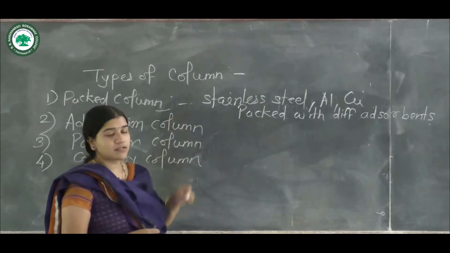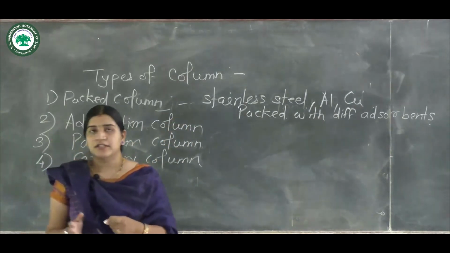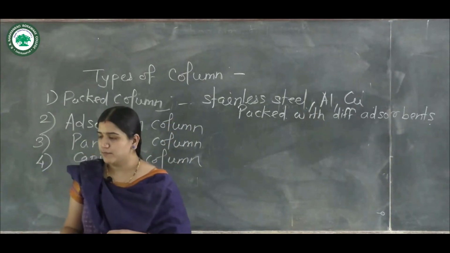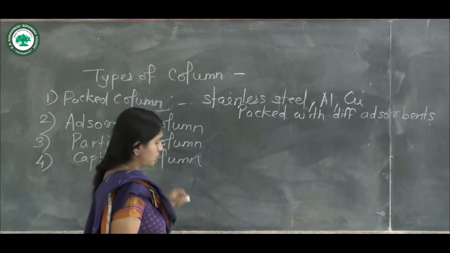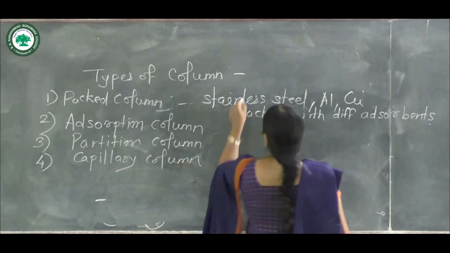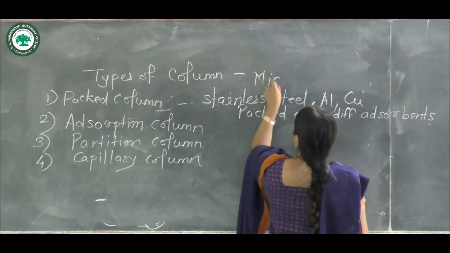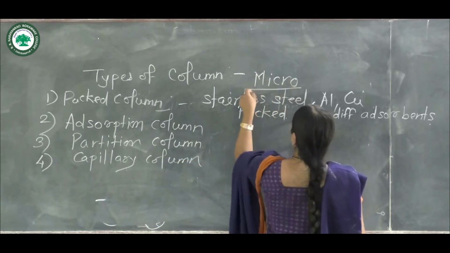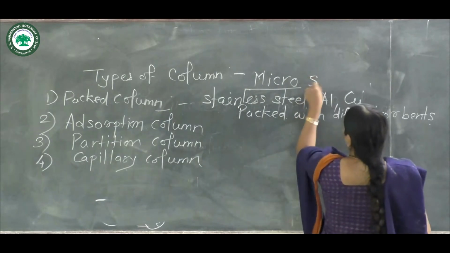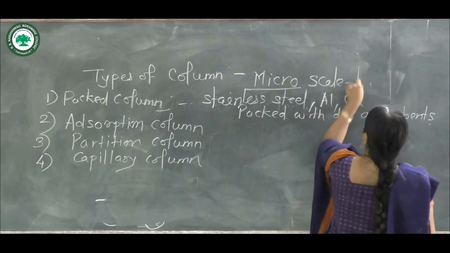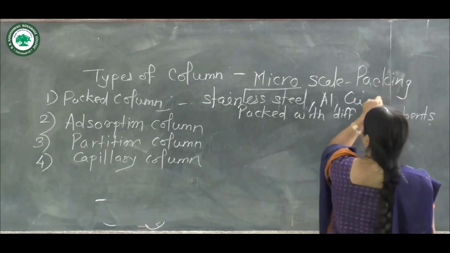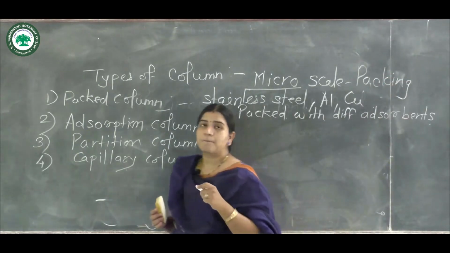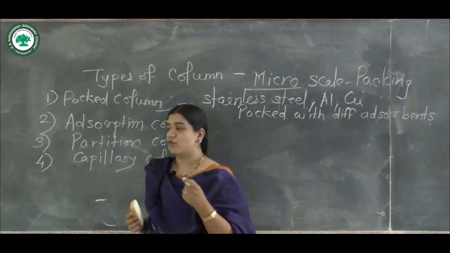Generally, in a micro packed column, the material which is used for the packing of the column has a particle size in the micro range.